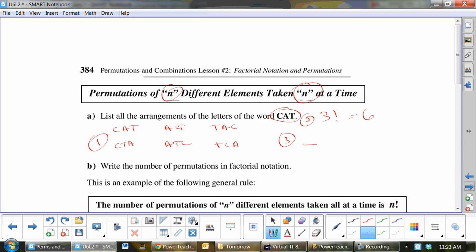I have 3 objects, 1, 2, 3. How many choices do I have for the first pick? 3. The second one, 2, and the third one, 1. So then I get 3 times 2 times 1 is 6.